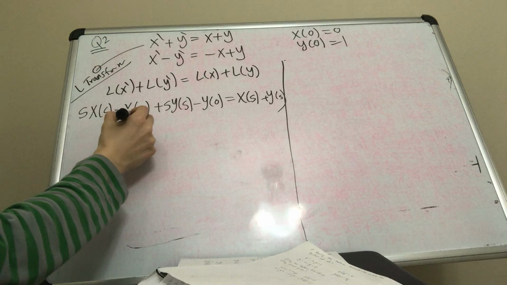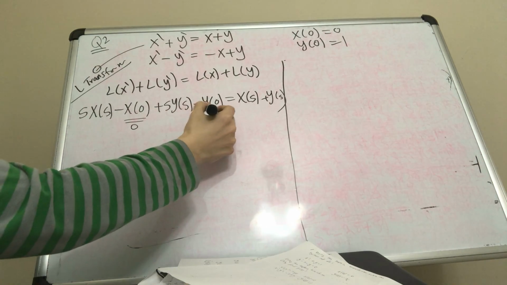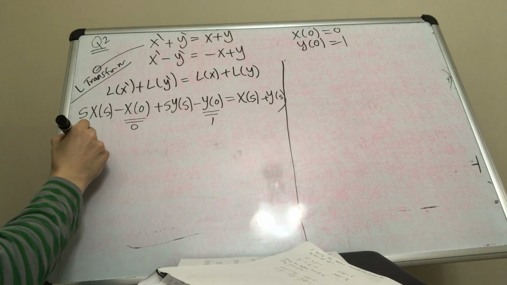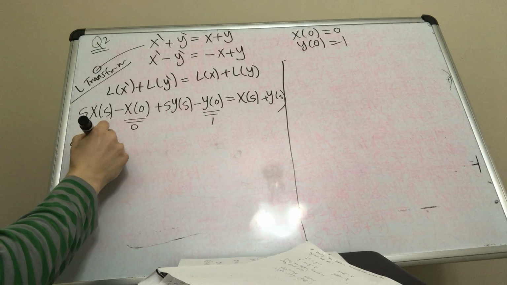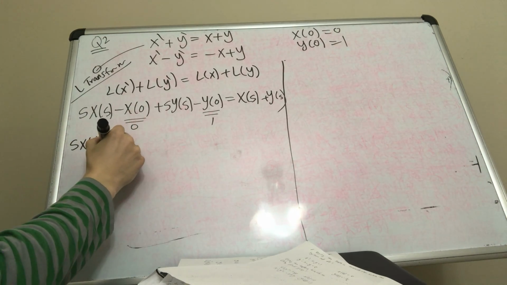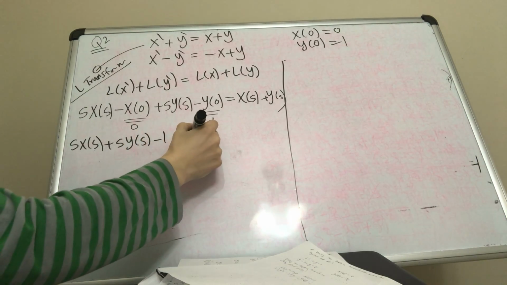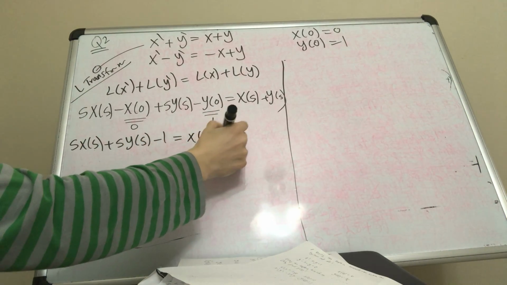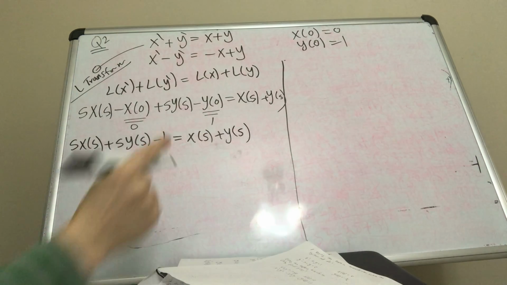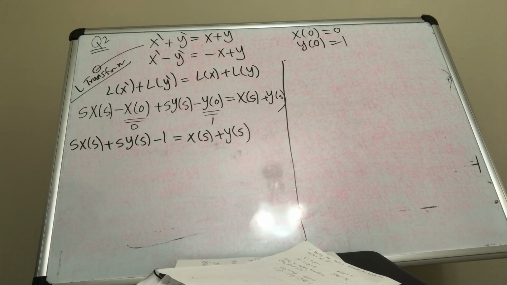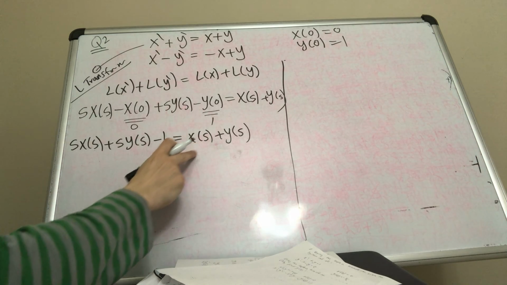X of 0 is 0, so this one is 0, and this one is 1. So you have s x of s, 0, s y of s minus 1, x of s, y of s. It doesn't matter how you do it. I'll bring this over.